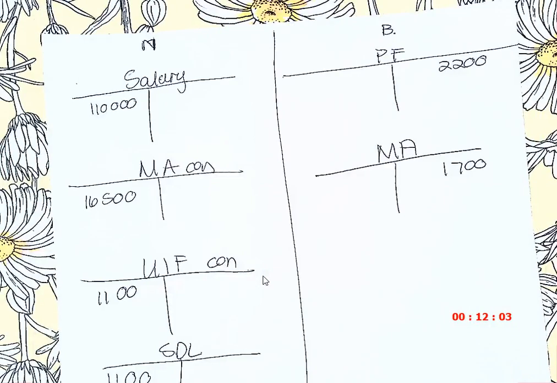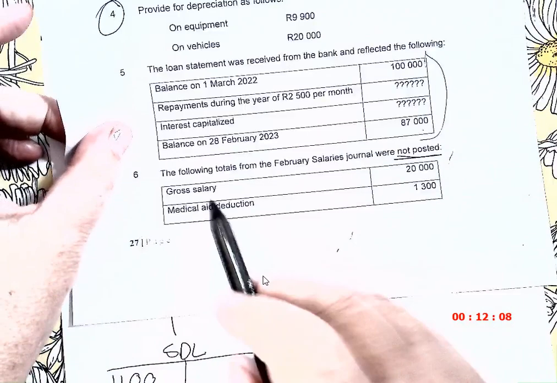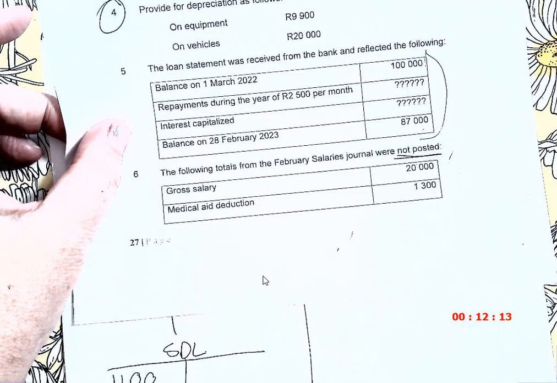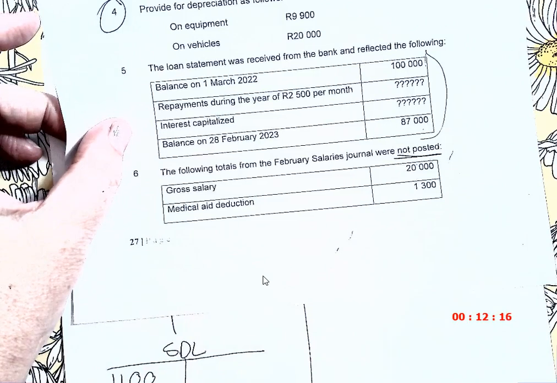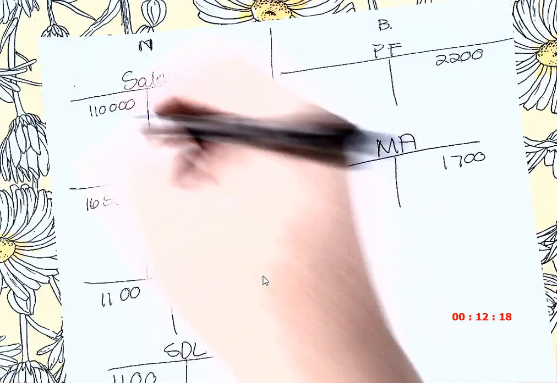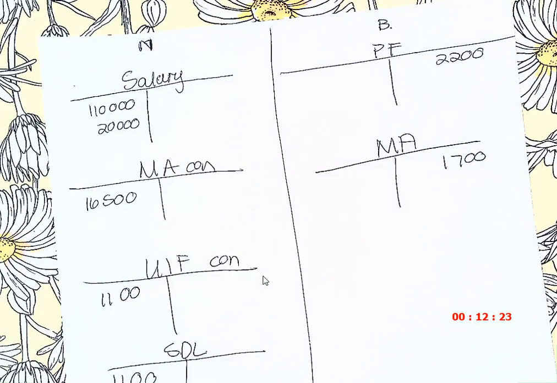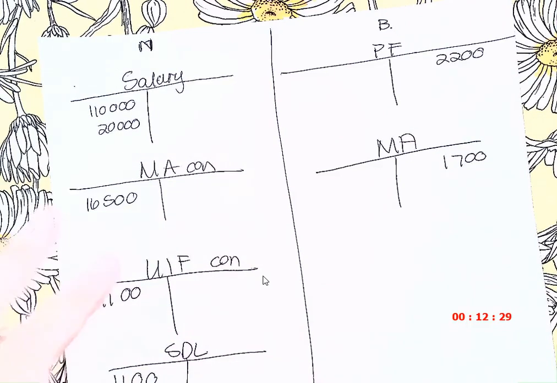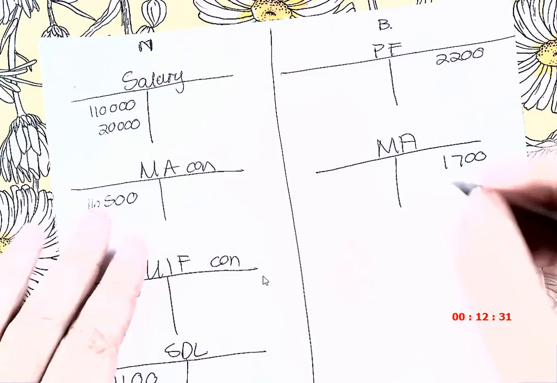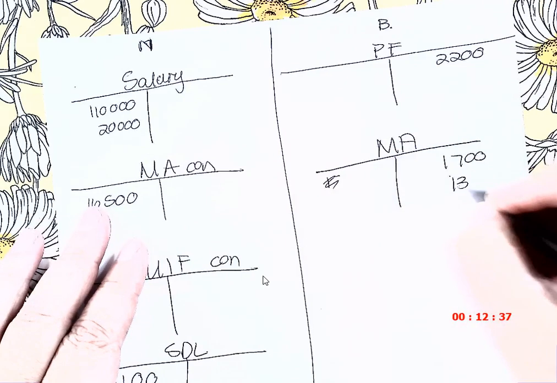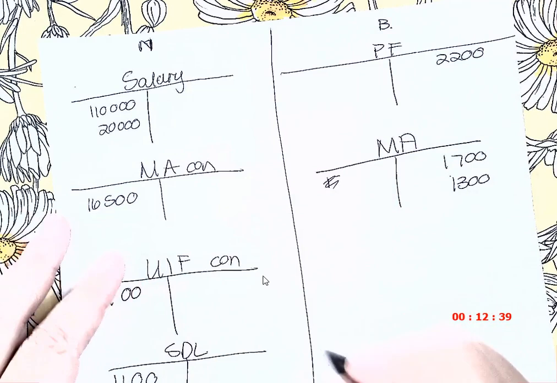Now I come to this adjustment, and this adjustment tells me the totals for this one worker were not posted. So now I want to go and post it. I'm going to post gross salary. Medical aid deduction: I'm going to add it to the medical aid, but I'm going to subtract it from that which I'm going to pay to this guy.